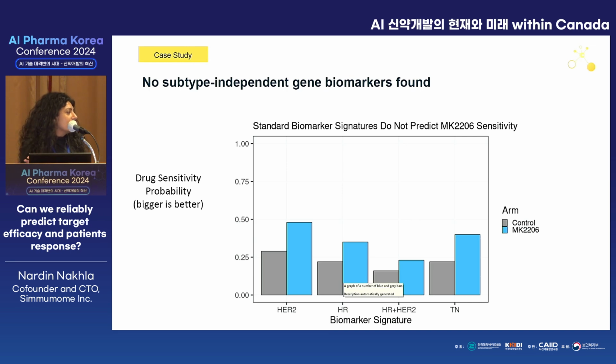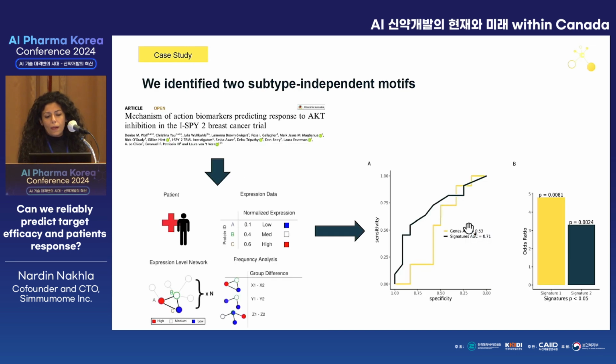It had nothing to do with a mutation behind the disease in those patients. So the conclusion of this paper was that they couldn't find a predictor for the response to the drug, but the response was good enough that the drug actually graduated and went to the next phase.